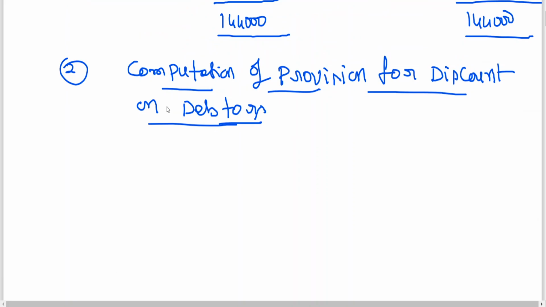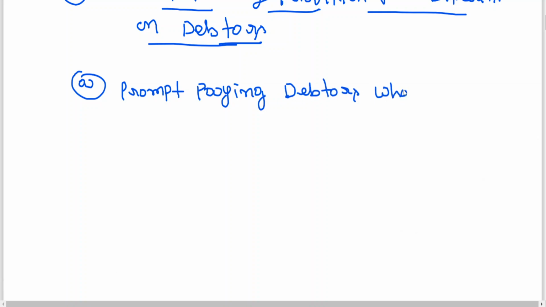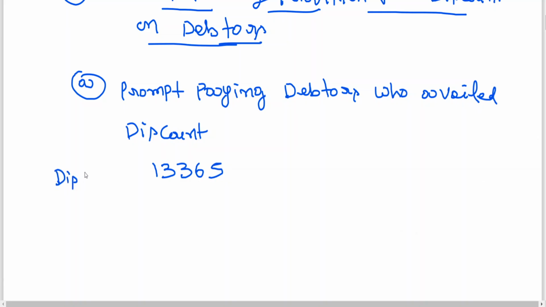That I am giving in the working. Heading I have written: computation of provision for discount on debtors. In that, A part of working notes: prompt paying debtors who availed discount, that is 13,365, which is equal to 15%, no?